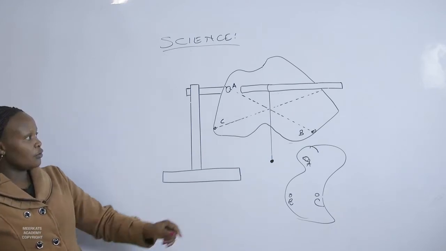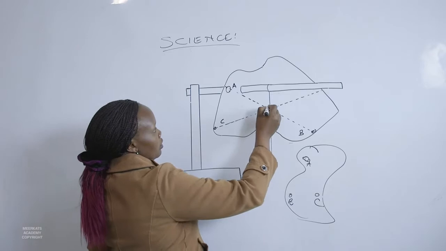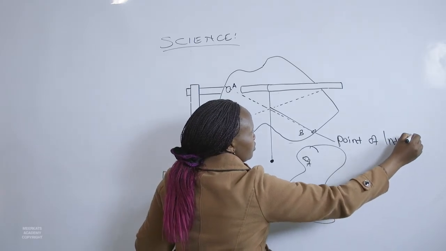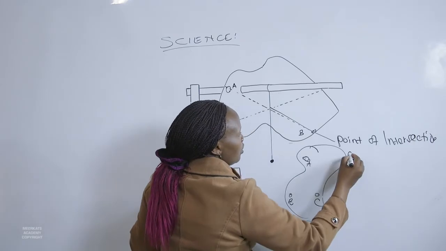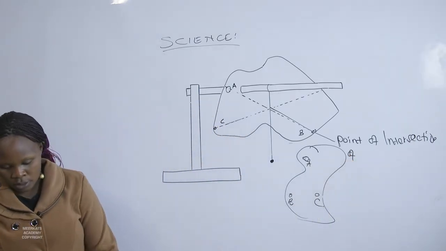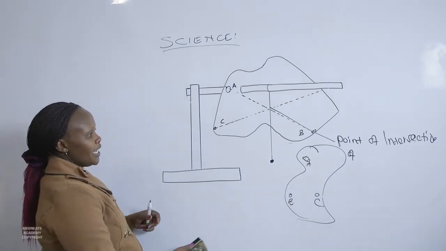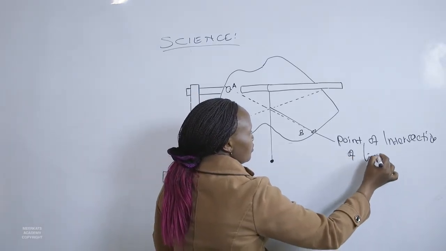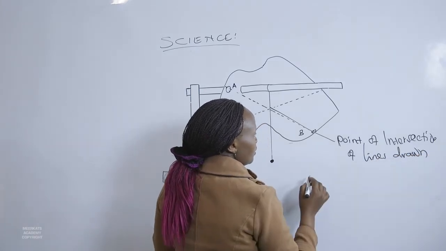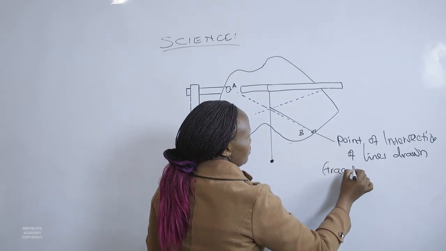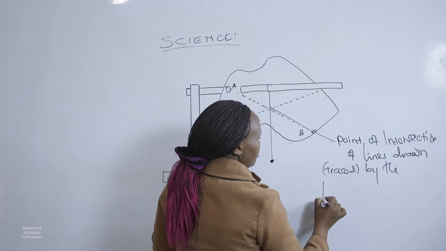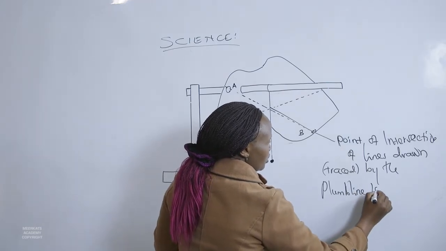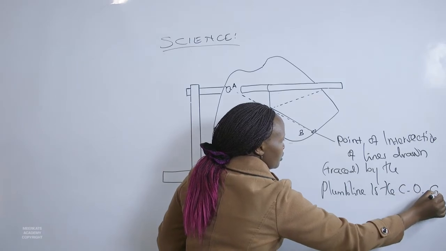And then the point of intersection of the three lines drawn or traced by the plumb line is the center of gravity.